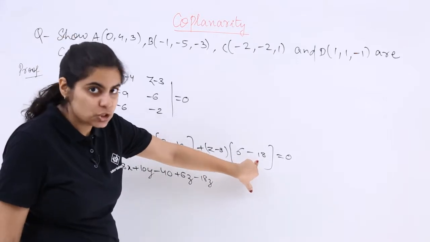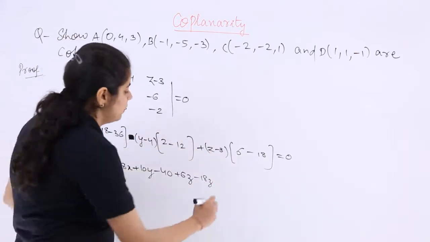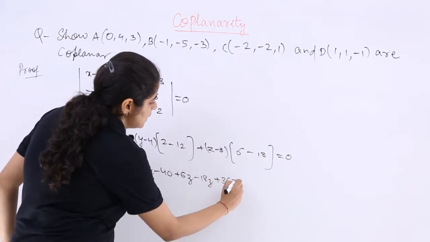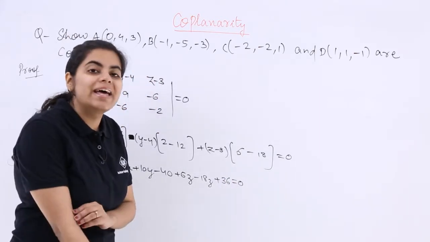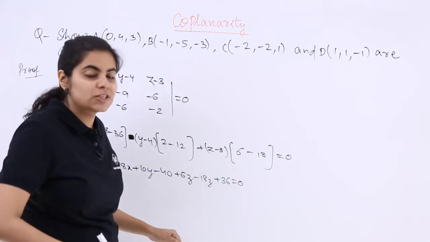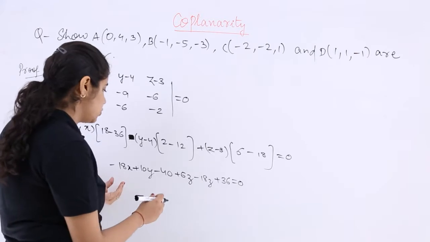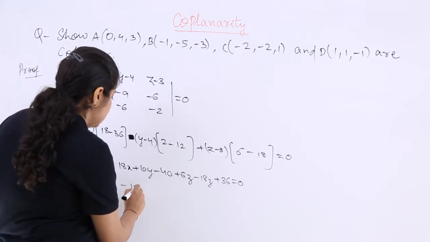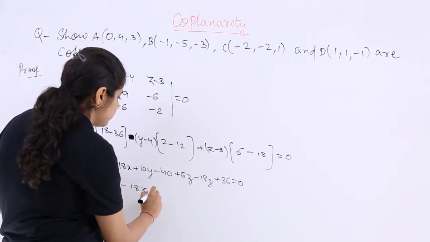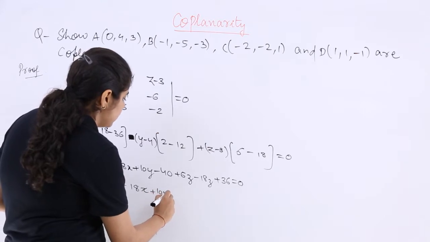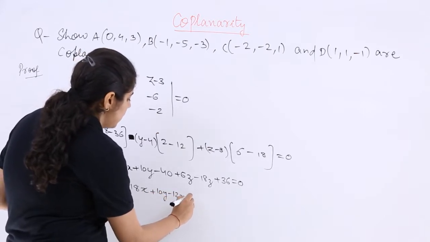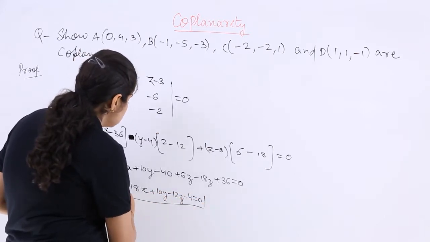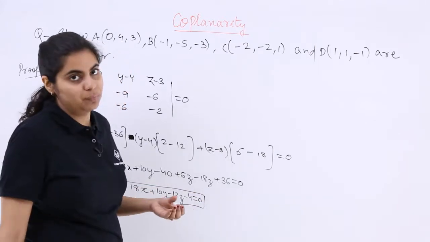Then this is minus 12 into minus 3 is plus 36 is equal to 0. Now wherever you have the constants, just make them one side and the other things to the other side. So it is minus 18x plus 10y minus 12z minus 4 is equal to 0. This is the obtained equation of a plane.